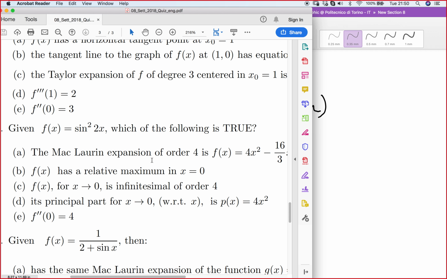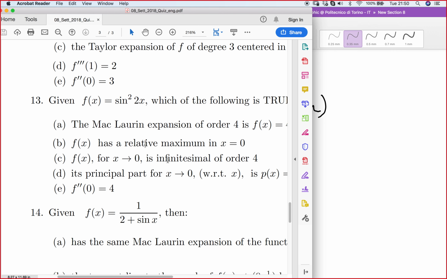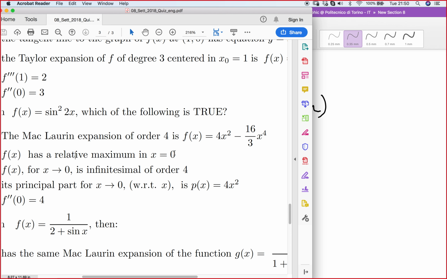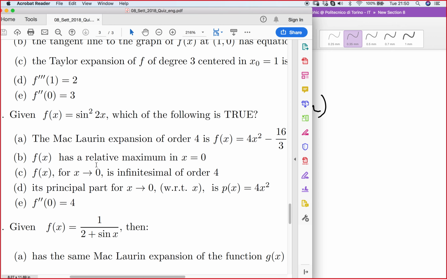The question is: the Maclaurin expansion of order 4 of f of x is 4x squared minus 16 over 3 x to the power 4. Okay, f of x has a relative maximum in x equal 4. f of x for x tending to 0 is infinitesimal of order 4. Its principal part for x tending to 0 is p of x equal to 4x squared, and the second derivative at 0 is equal to 0.